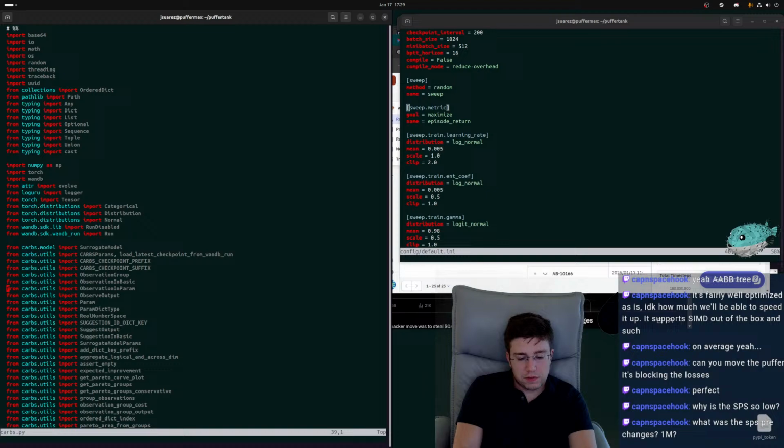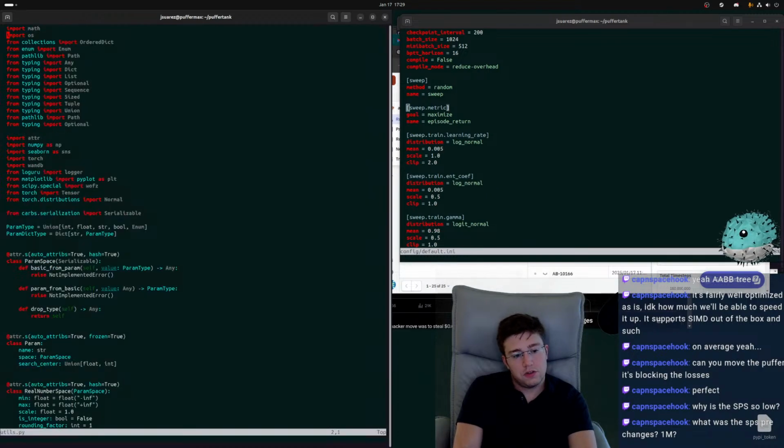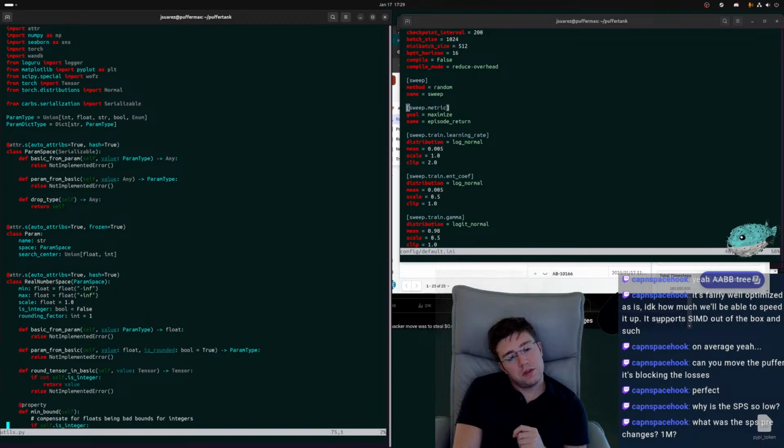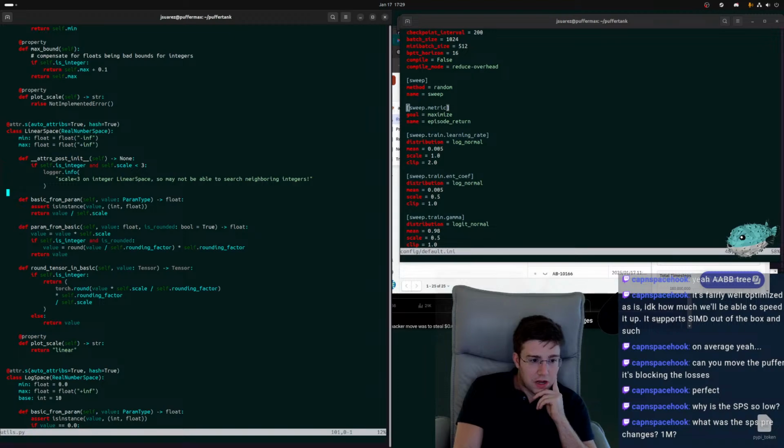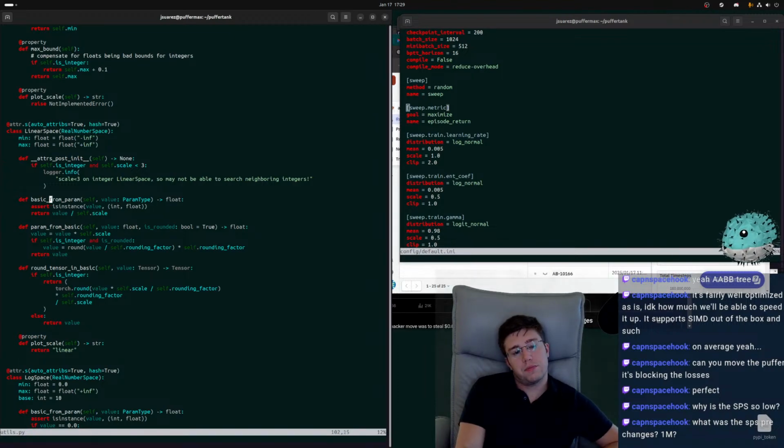So if we look at their spaces, it's utils. Let's look at log space or linear space. So they've got param from basic, which is if you give it a value of the hyperparam, it transforms it into a nicely normed space. Now their transformations aren't correct, but that's the idea. And then if you get a sample from that space, they send it back to you.